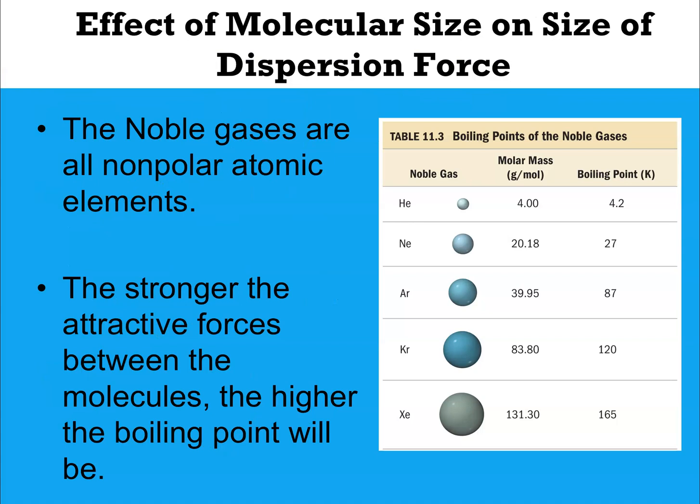So, the effect of molecular size on the size of the dispersion force. Here we're looking at the noble gases. The larger the noble gas, the larger the electron cloud, the larger the polarizability, the larger the attraction. Kind of goes straightforward in that sense.